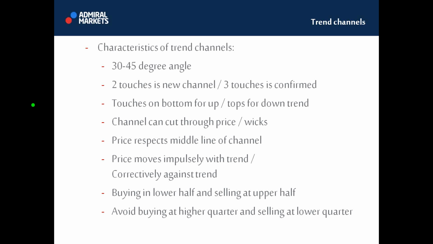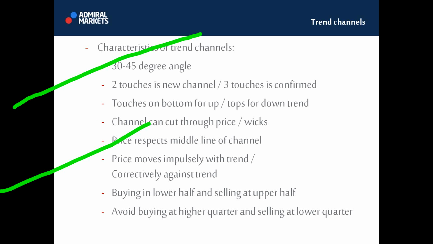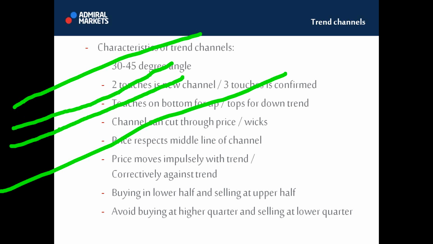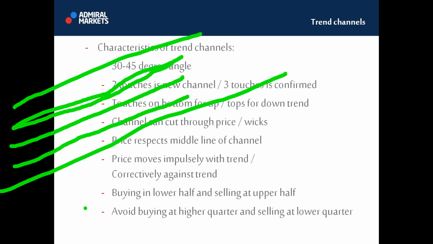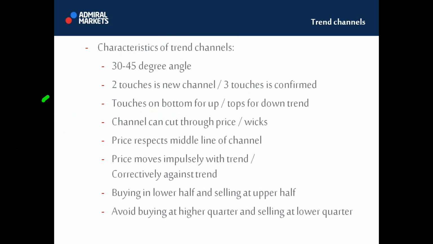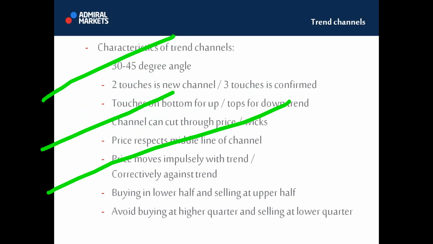But technically, you could look at a trend channel like this and put a middle line in the middle and a quarter line between the middle and the outer trend line, right? Something like that. This is not a nice example, but you get the picture. Five lines: top, bottom, middle, and one in between.